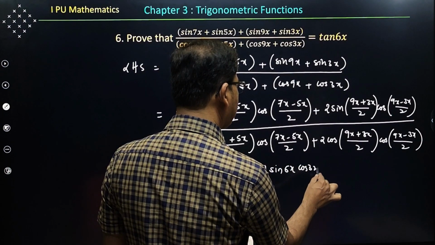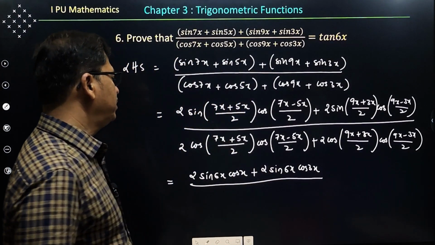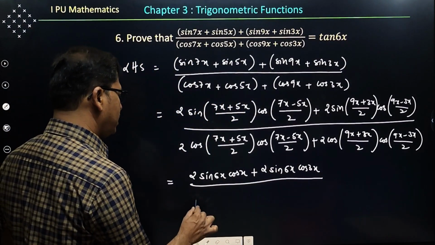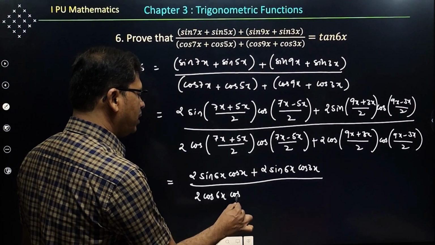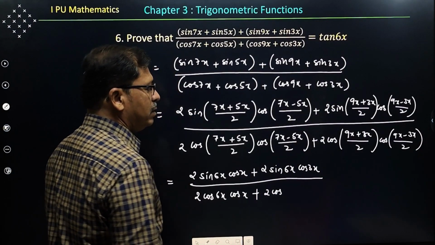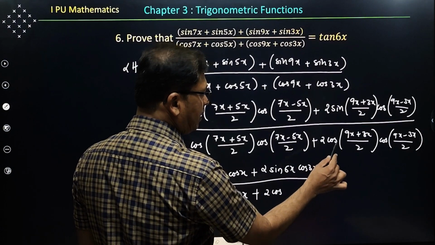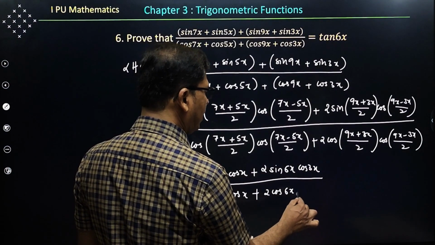So this is cos 3x. Divided by, what can you write? 2 into cos 6x cos x only, plus 2 into cos of 6x, 9 plus 3 is 12 by 2 is 6, 9 minus 3 is 6 by 2 is 3, cos 3x.